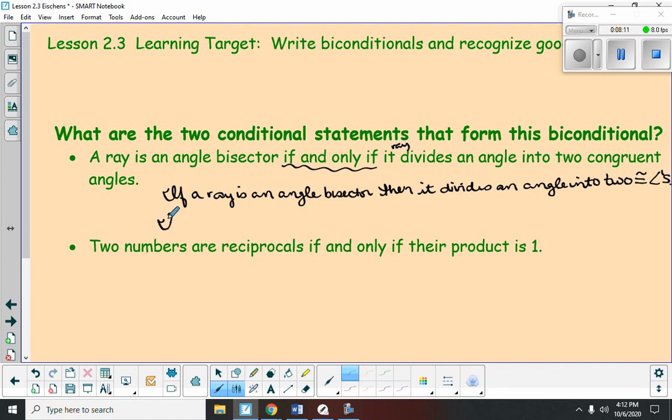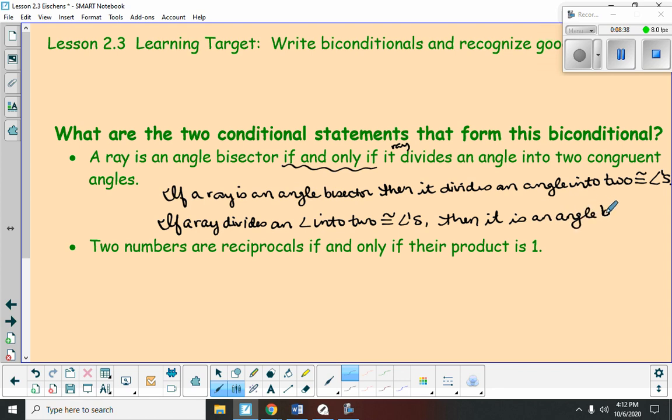So if a ray divides an angle into two congruent angles, then it is an angle bisector.